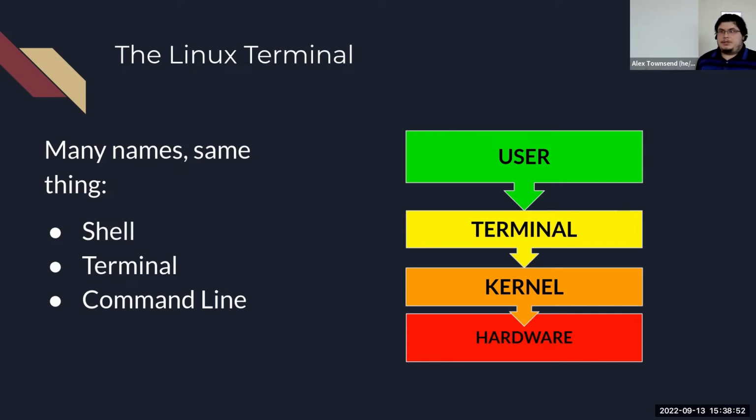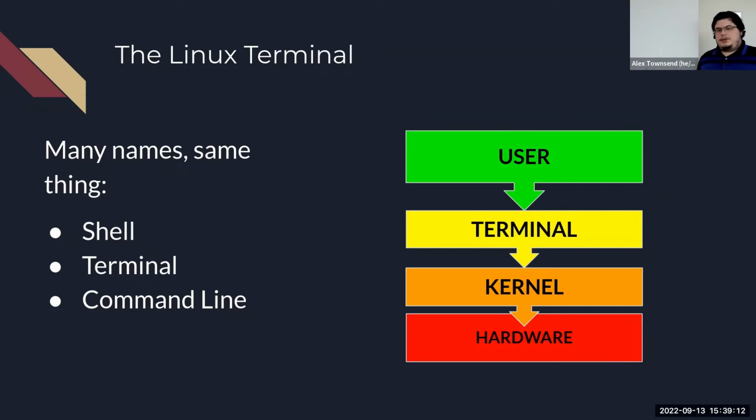There are many different names for this terminal. It can be called the command line, the shell, or the terminal. For all intents and purposes, they're the same thing. There are slight differences on the computer science level, but for all users' purposes, they're basically the same thing.